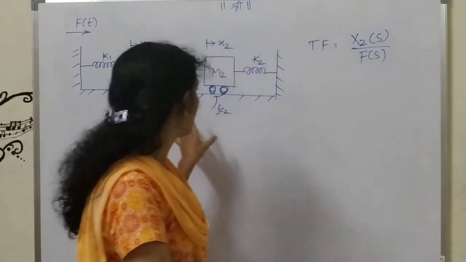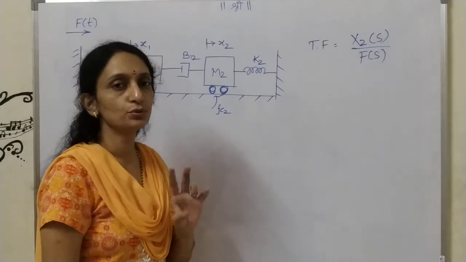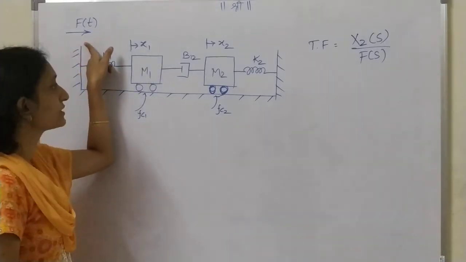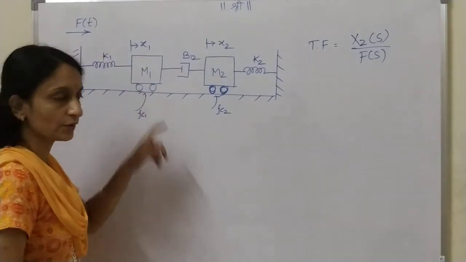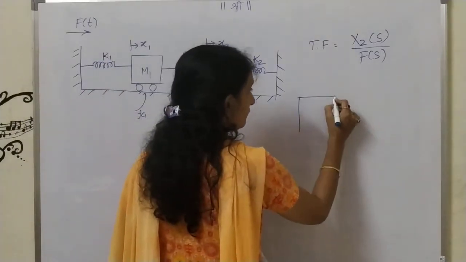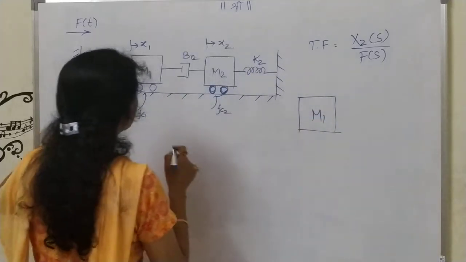Now look at this. As the number of masses is equal to 2, there will be two free body diagrams. You start with the mass m1. I will draw the free body diagram here. This is the free body diagram for m1.